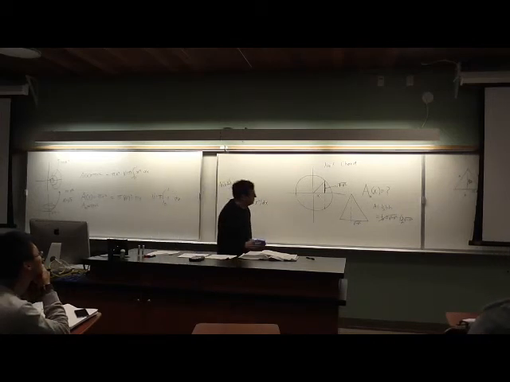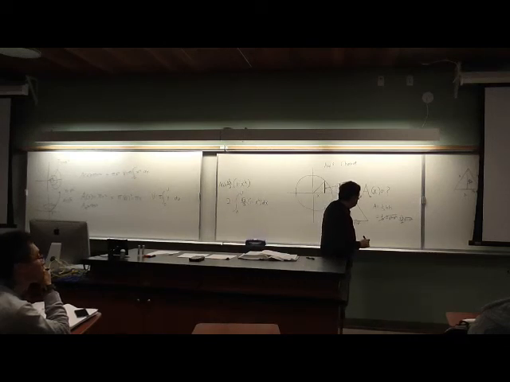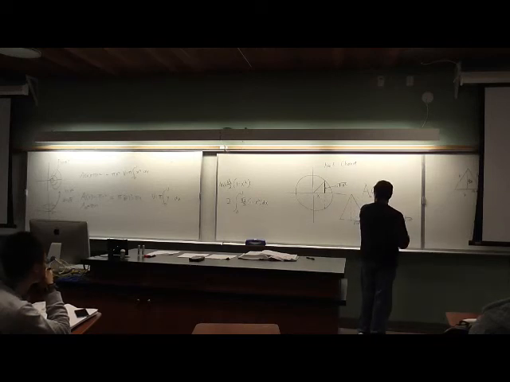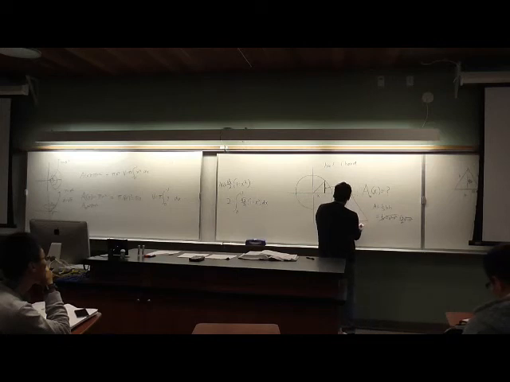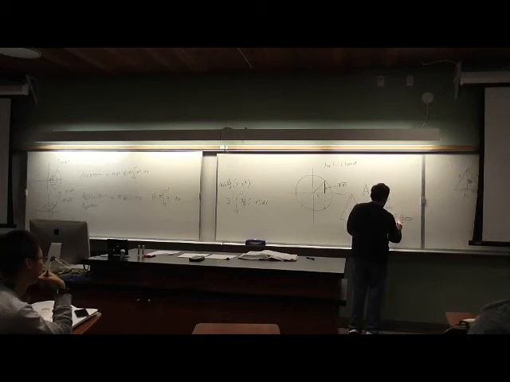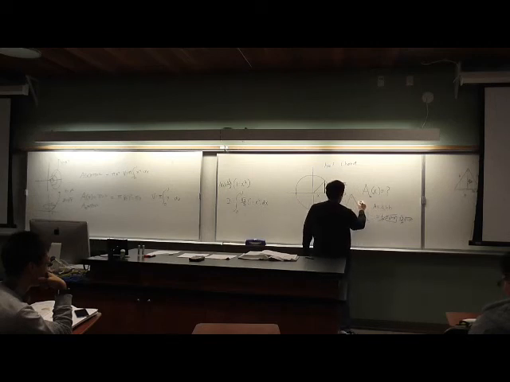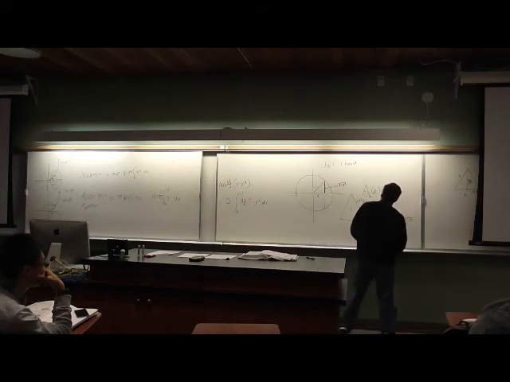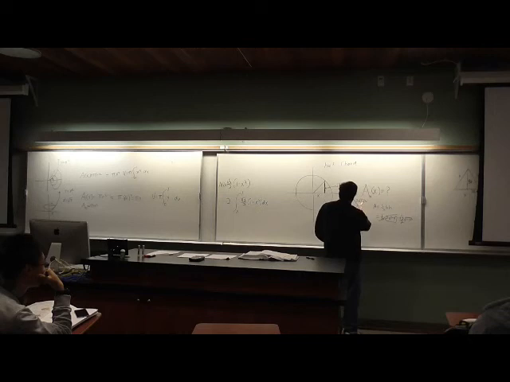The square root of 1 minus x squared is already half of the base. 2 times this is the base, times the height. So this is 2 times the square root of 1 minus x squared times the square root of 3 over 2.